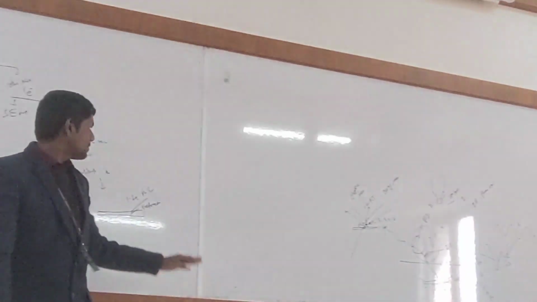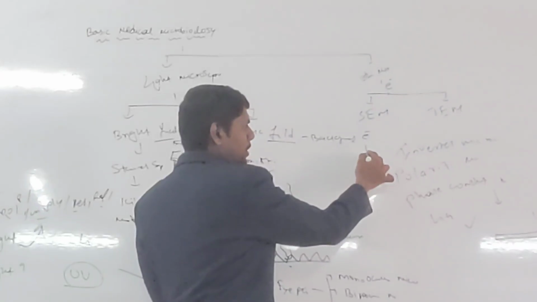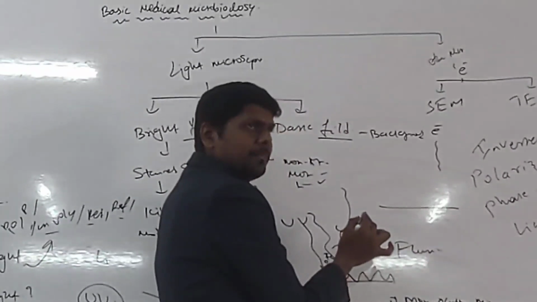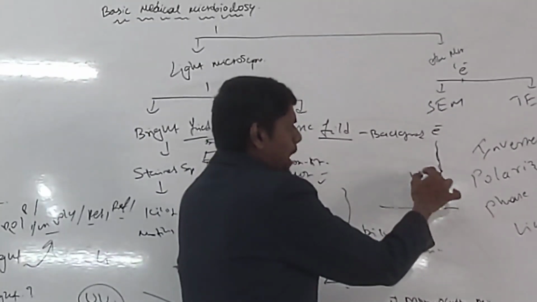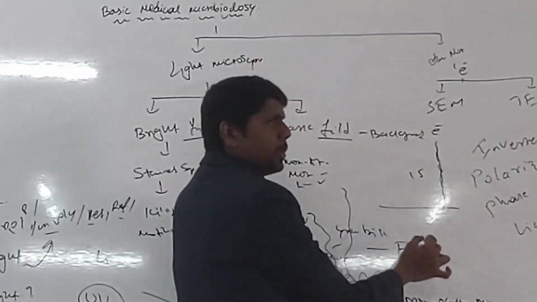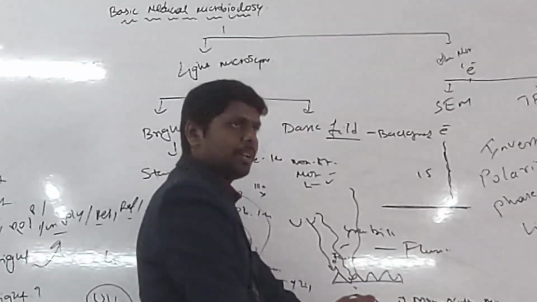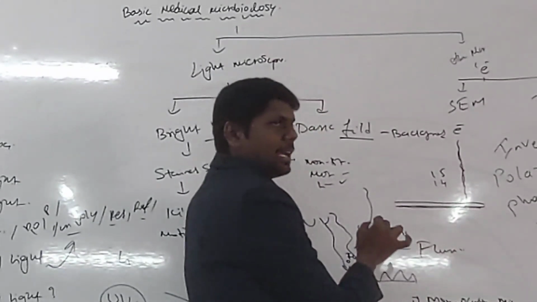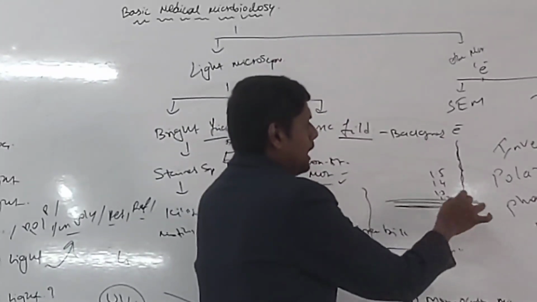Now I will tell you this one. If I use an electron, pay attention, I took a specimen. First, I kept the penetration of electrons at 1.5, so they penetrate up to here and they scan at 1.5 depth of the specimen. Then I set electrons at 1.4. They scanned again at the second layer. Then 1.3, third layer, 1.2, another layer.